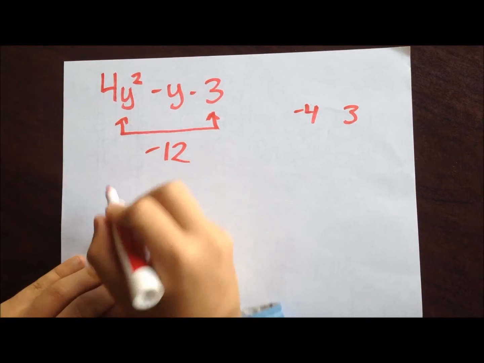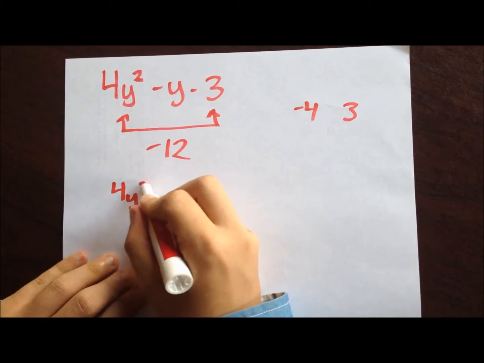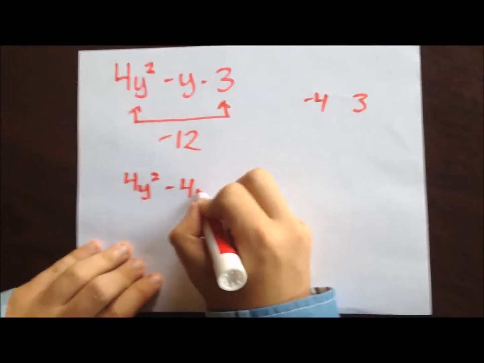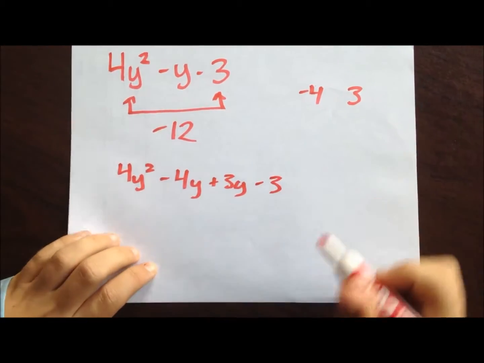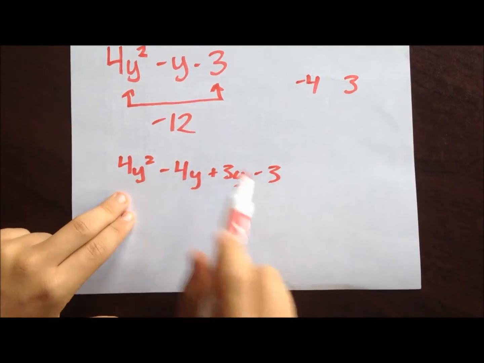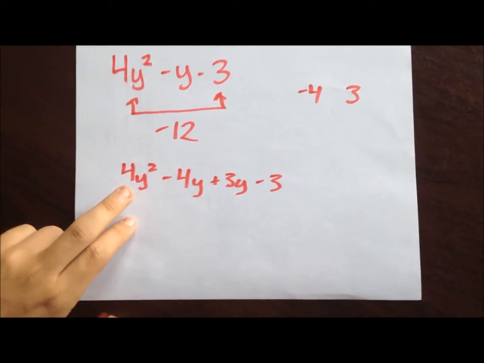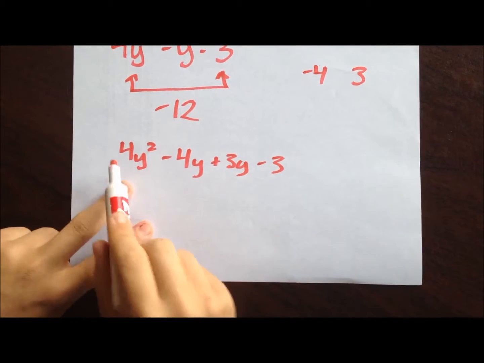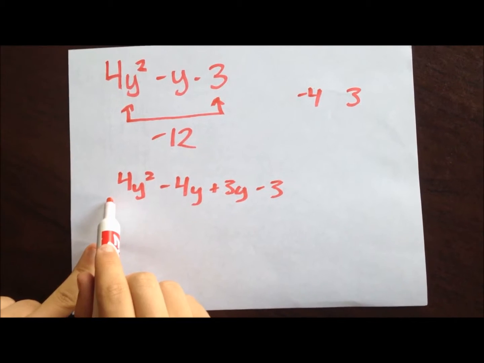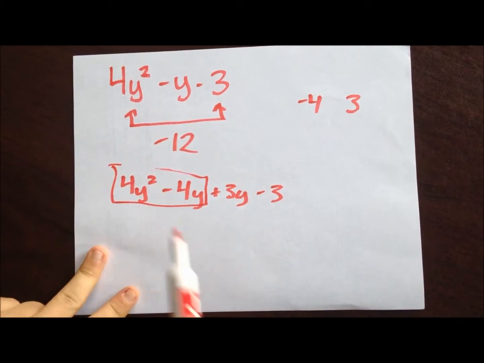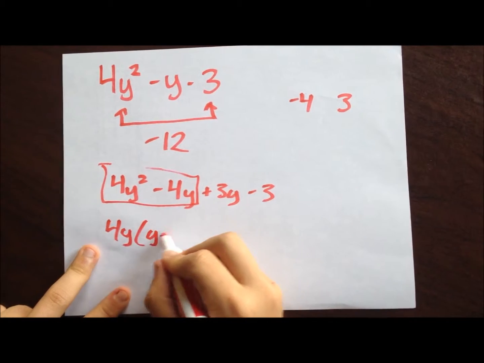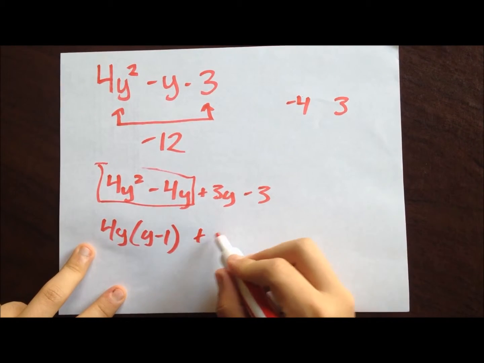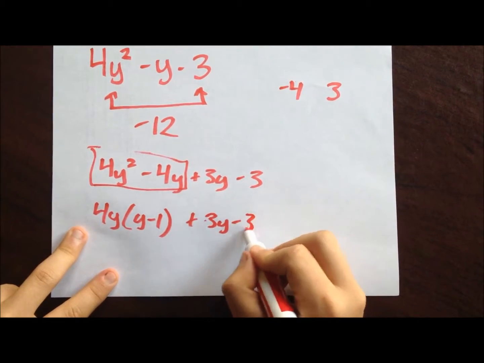You're going to write it out again. You're going to get 4y squared minus 4y plus 3y minus 3. If you look, these are the exact same equation, it's just written differently. So now you can pull out a common factor from this. You get 4y times y minus 1, plus 3y minus 3.